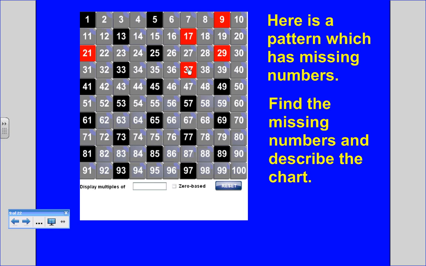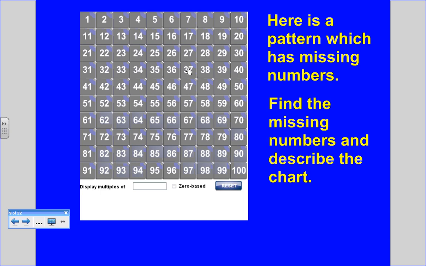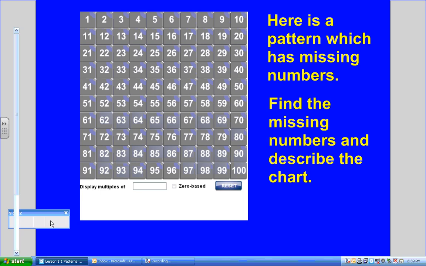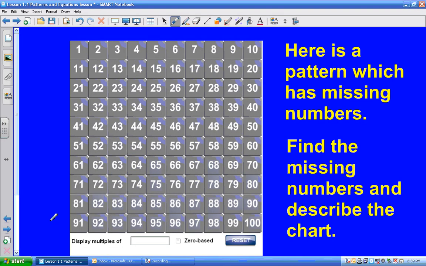Yep. Okay, now, I need a volunteer. How about you? Now, what I'm going to do is I'm going to reset it, and I'll see if I can bring this down lower for you. What I want you to do is think of a pattern. Don't tell anybody. All right?